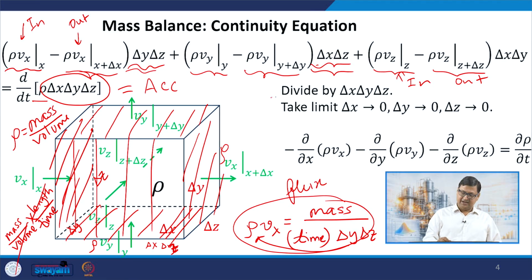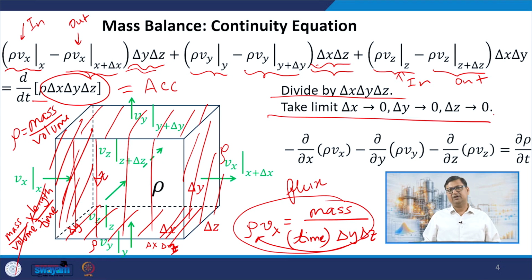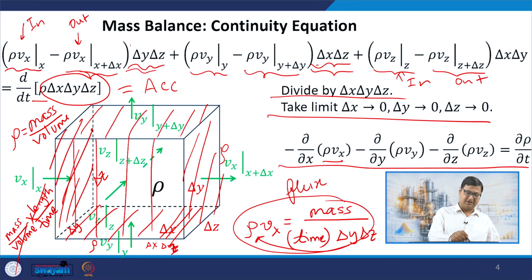So, now if I divide it by delta x, delta y, delta z and take the limit delta x going to 0, delta y going to 0, delta z going to 0, then I can write this as something like this, minus the partial derivative with respect to x of rho Vx, that is my first term.